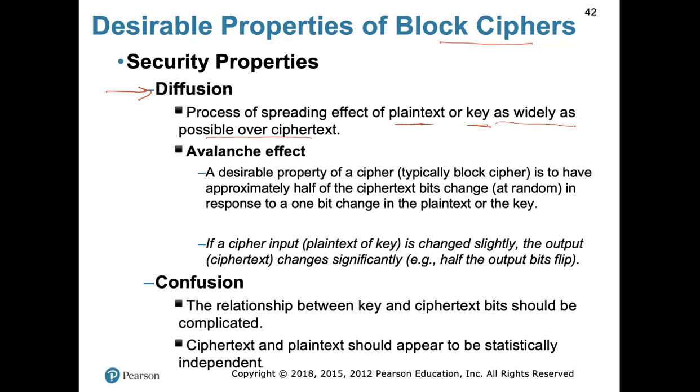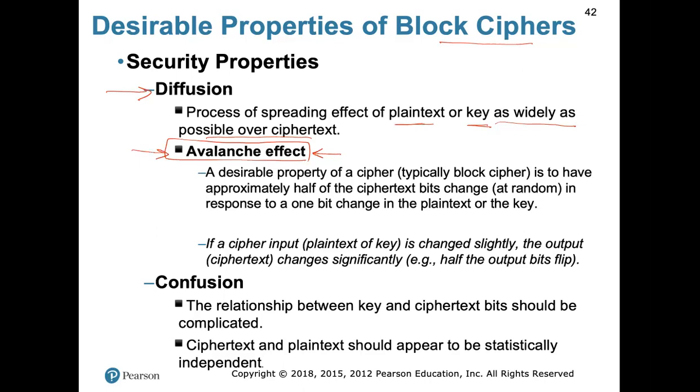To explain it maybe in a different way, I can talk about the effect that we expect to come out of this diffusion property. That effect is called the avalanche effect. I'll show the avalanche effect to you in some real examples.